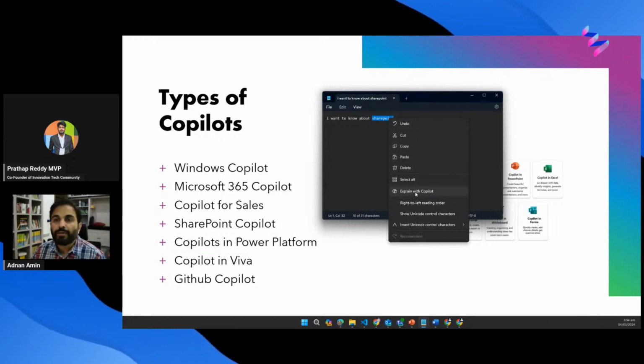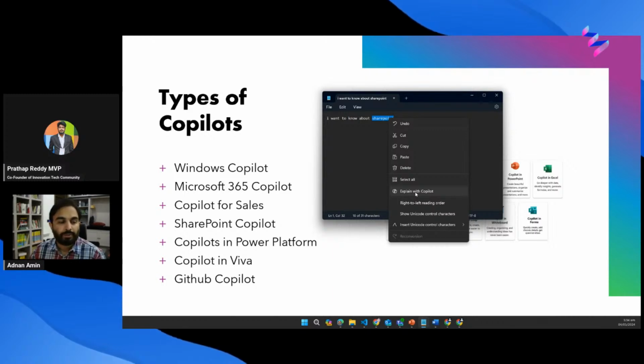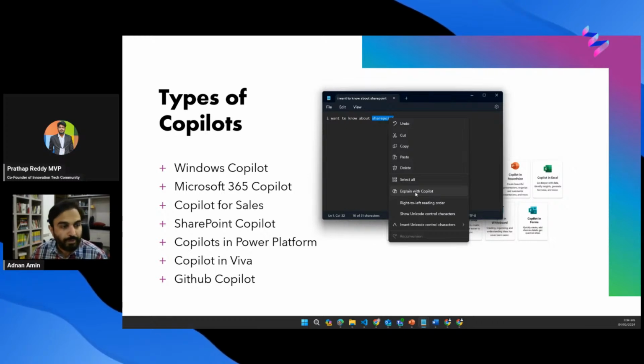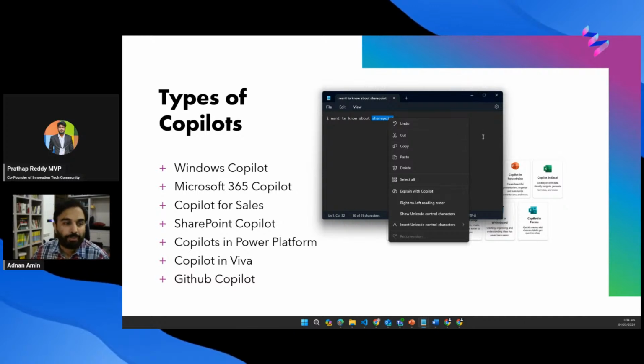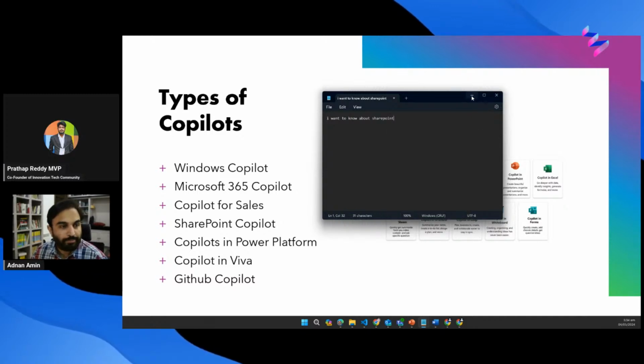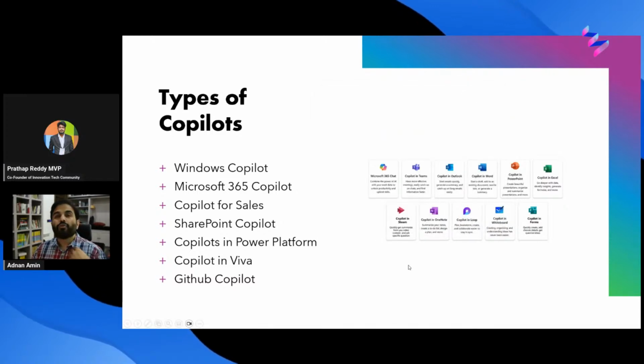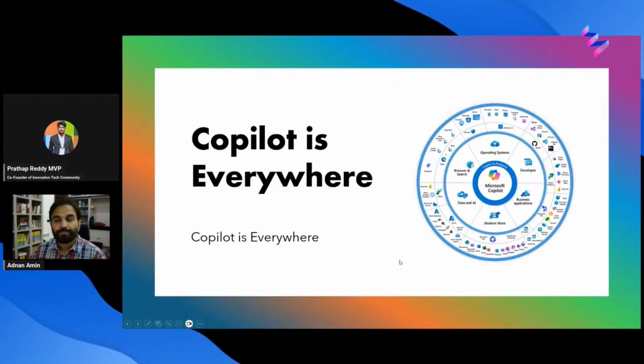When I click on it, it will open the Windows Copilot and show me the result. I have Copilot enabled on my machine right now, so that's why I can see this option. And when I click on it, it will open the Copilot for me in a separate window. So you can see that Copilot is everywhere, shown on the desktop here.